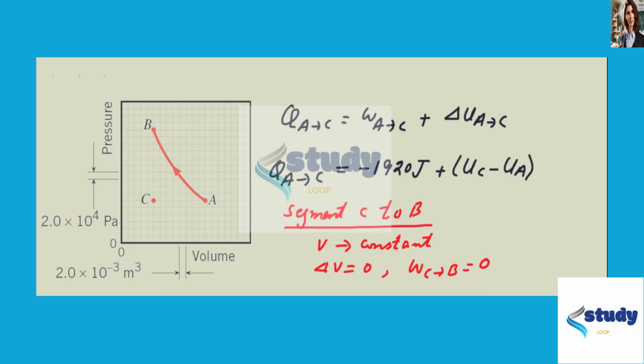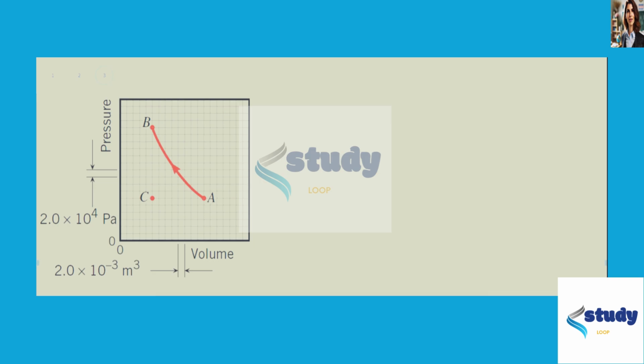Now again, by using first law of thermodynamics, we can write Q from C to B equal to work done from C to B plus change in internal energy from C to B. As work done from C to B equal to 0, this gives us heat from C to B equal to change in internal energy from C to B.